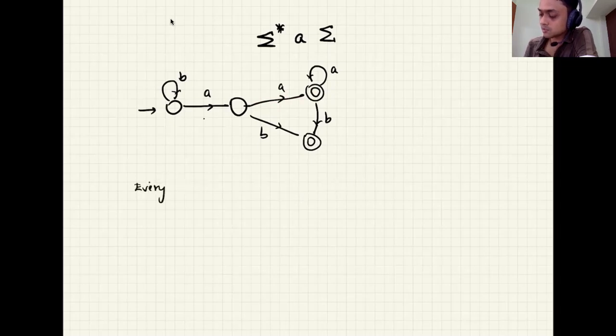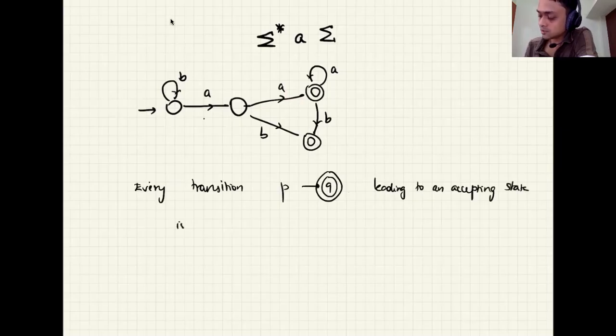Every transition, say P to Q, leading to an accepting state, is from a state P that is reached on seeing an A.